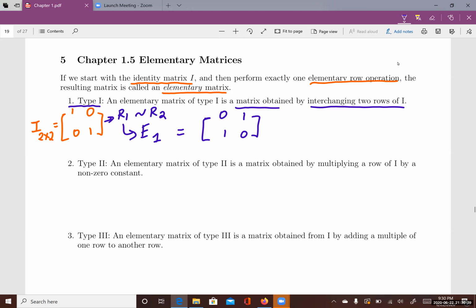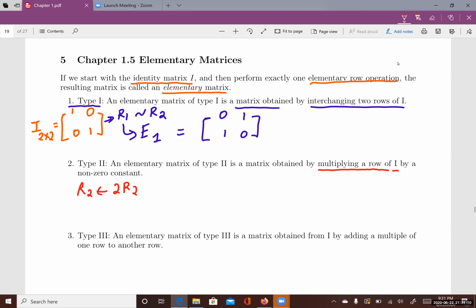Again, if you interchange two rows of an identity matrix, the resulting matrix is an elementary matrix of type 1. How about type 2? Type 2 is an elementary matrix obtained when you multiply a row of an identity matrix by a non-zero constant. Let's say I take row 2 and multiply it by 2.